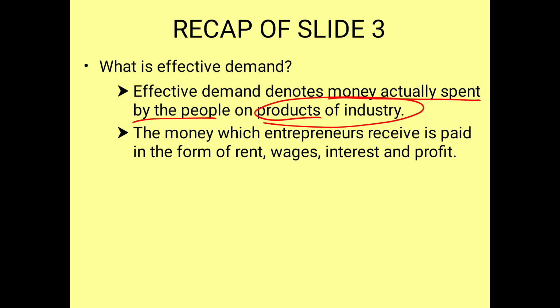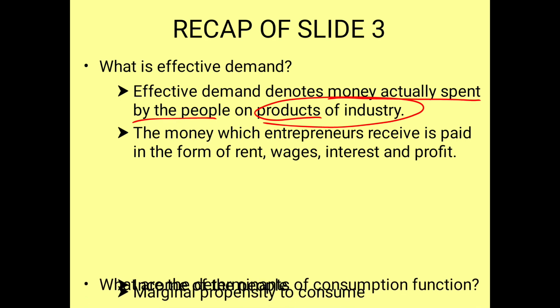The entrepreneur is receiving the money. When he receives money, he pays back the amount for the factors that he has used. The last residue which is left over is profit. This is what we call effective demand.